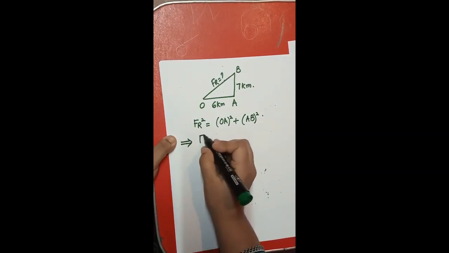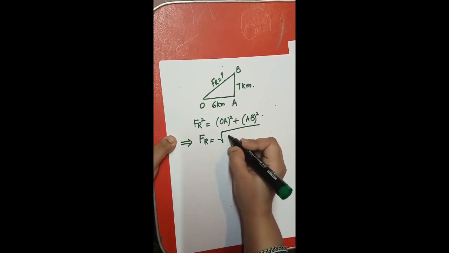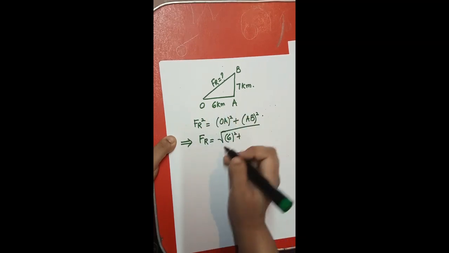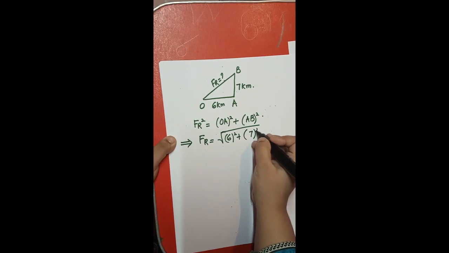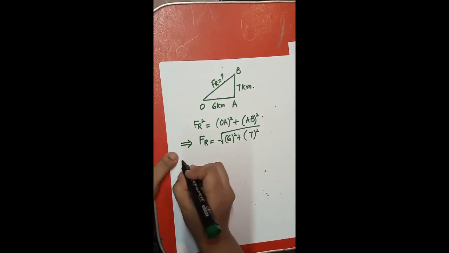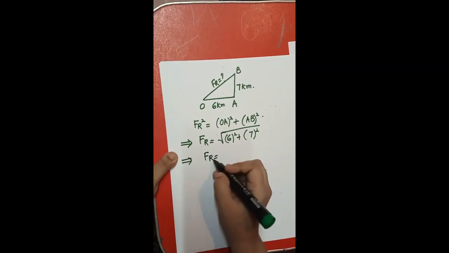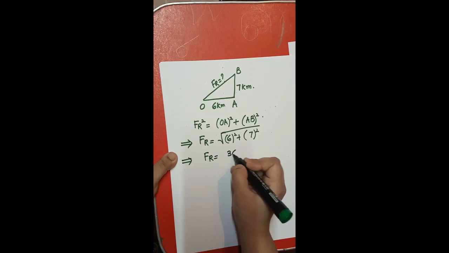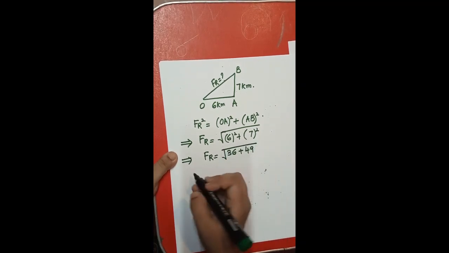So Fr is equal to the under root of 6 kilometer square plus 7 kilometer square, as OA length is 6 kilometer and AB length is 7 kilometer. We have to calculate it. 6 6 is 36 plus 7 7 is 49, and this should be under root.